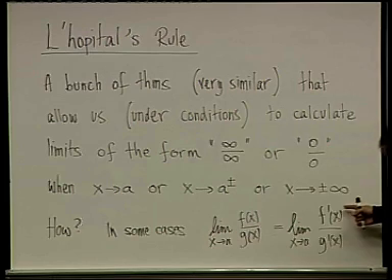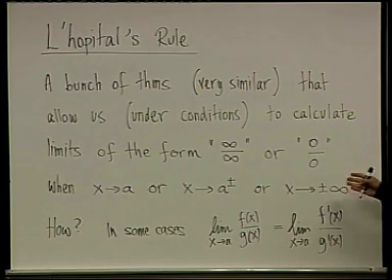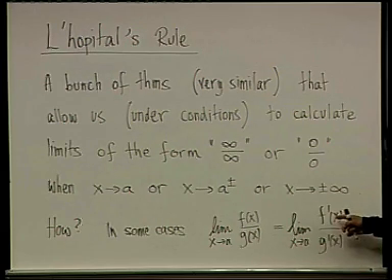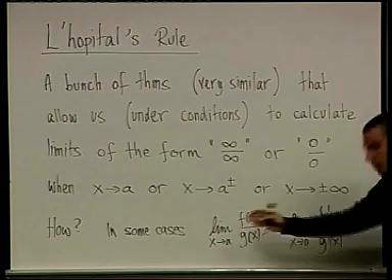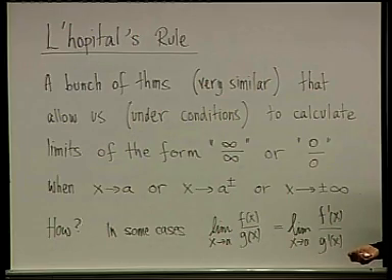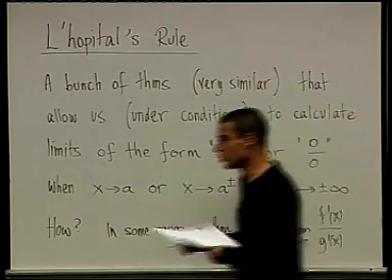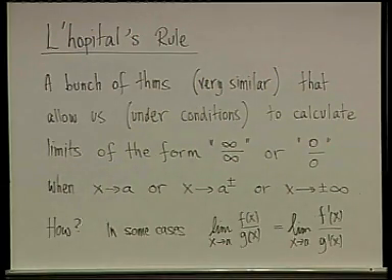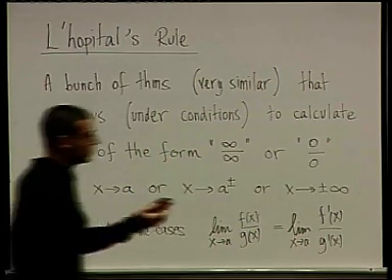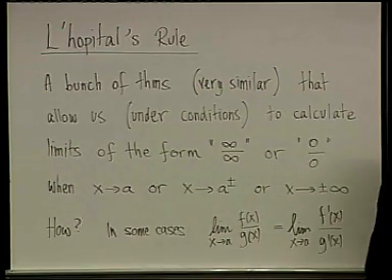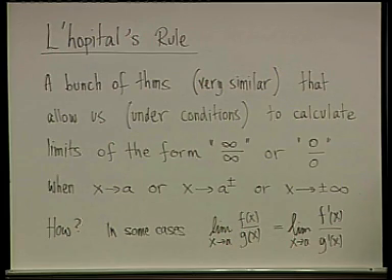And moreover, sometimes this is much easier to calculate. If that's the case, and this is easy to calculate, then we know this. Let me give you, before we even write the theorem itself, a couple of examples to show you why this could be useful.